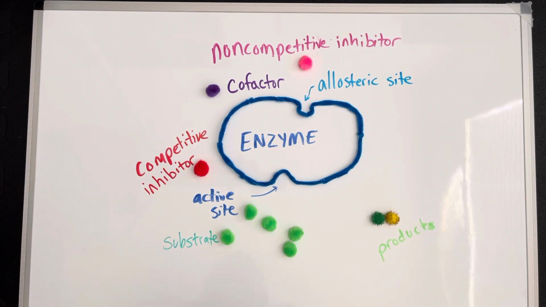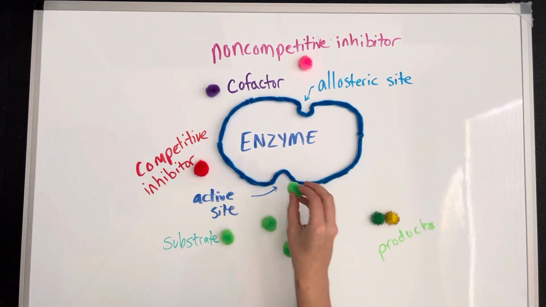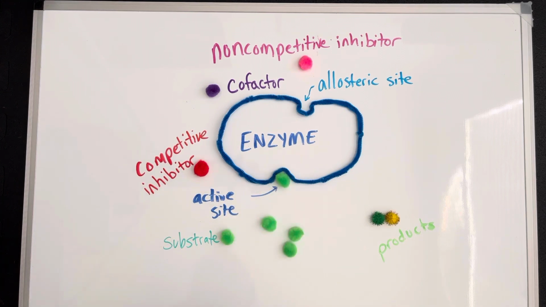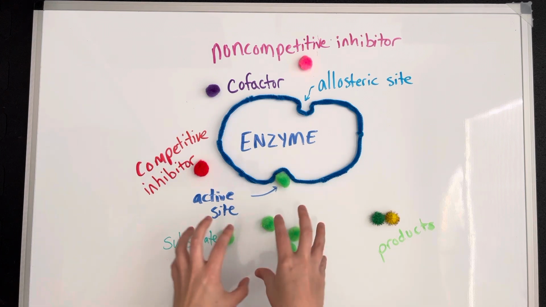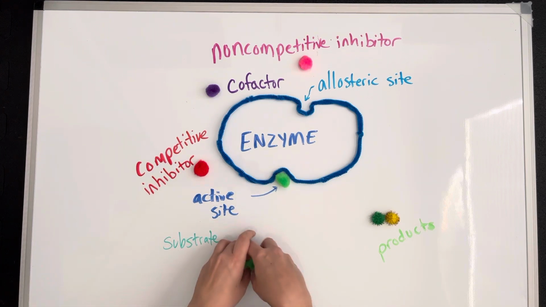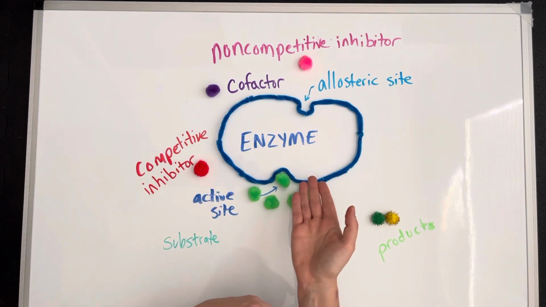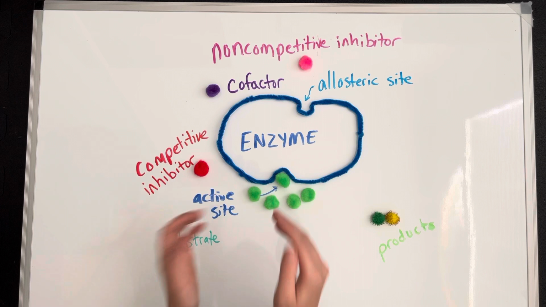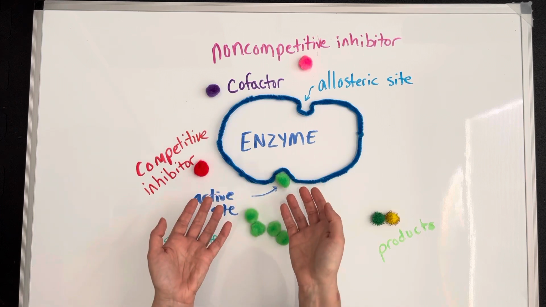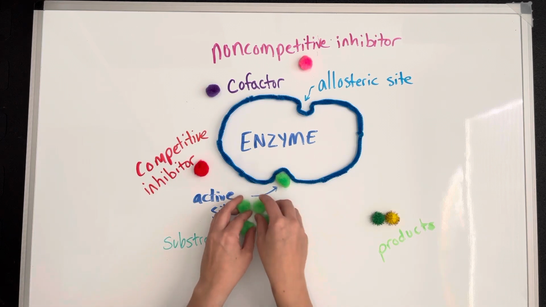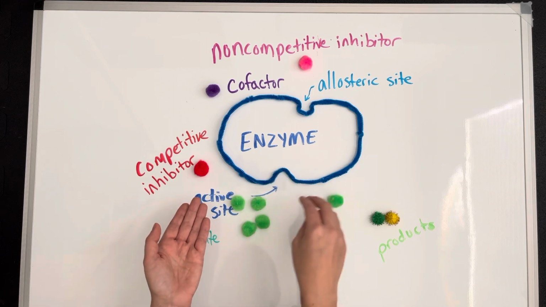Right? It's also important to note that if a substrate is already in the active site, the enzyme can't do any more work, right? No matter how much substrate we add, it can't get in there. So you're kind of like the enzyme at your job, and the substrate is the work you need to do. Well, if you're actively doing work, you can't do all this other work until you finish this work, right?